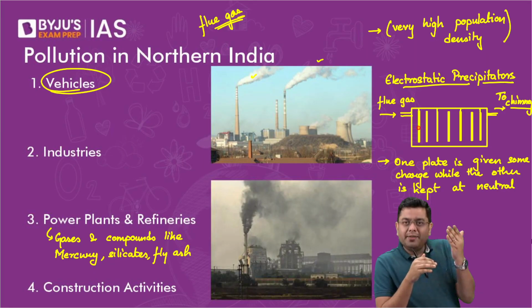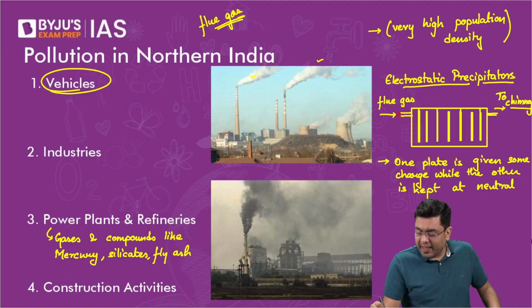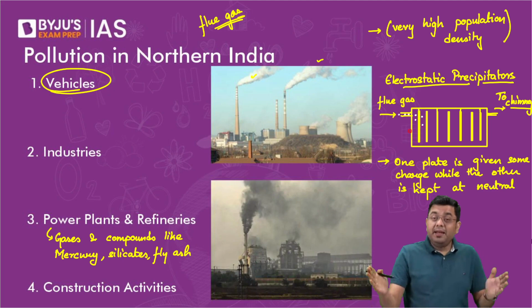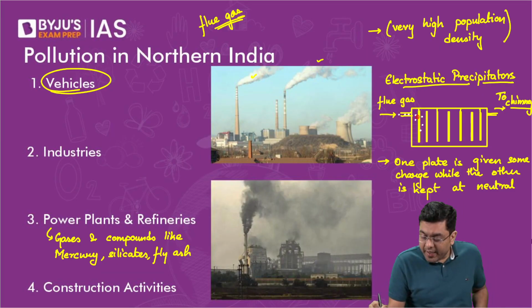So these particles in the gas also end up getting charged in the process. Let's suppose they gain a positive or a negative charge, now they start sticking to these plates depending upon the charge that they develop.